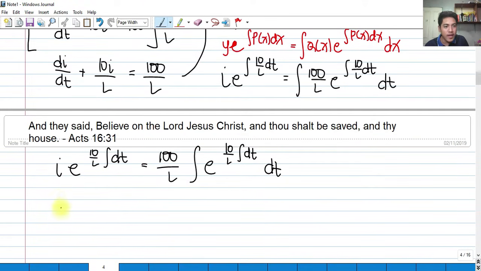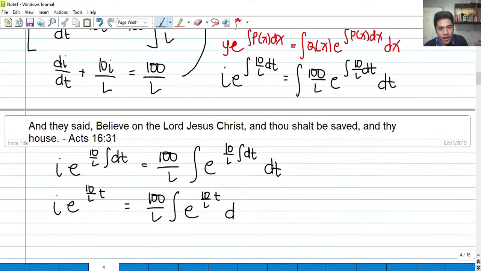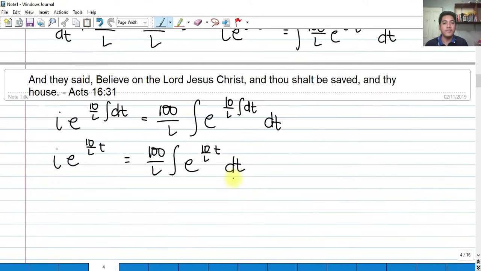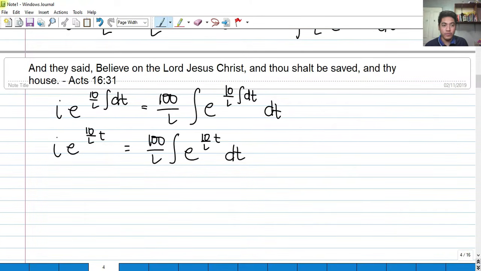So if we're going to integrate that we have I e raised to 10 over L, integral of dt is simply t, is equal to 100 over L, integral of this, okay, e raised to 10 over L t, and we have dt in here. Okay? So I hope you can follow. Okay?